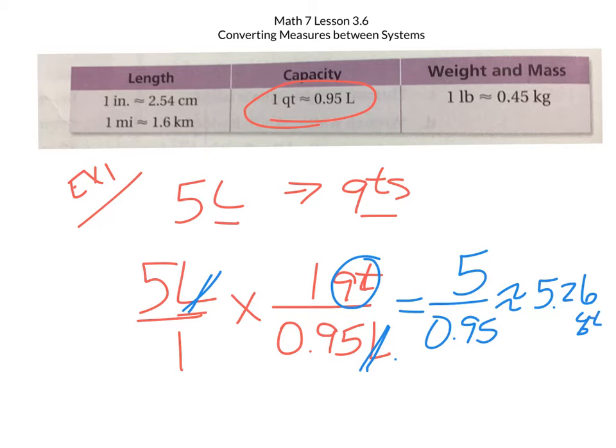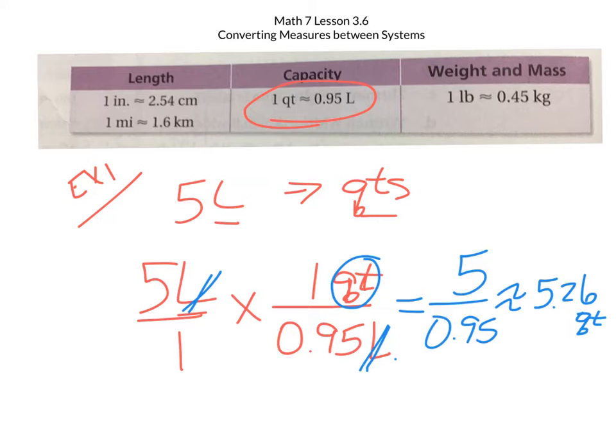Quarts. I'm running out of space, but you should be able to write it next to it. So the conversion of 5 liters is 5.26 quarts. Sorry, Q. It's hard to label on here sometimes. It's 1 quart is what that was. All right, does that make sense?